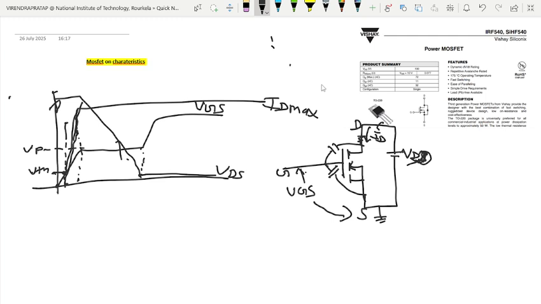When the MOSFET turns on, then we know very well that this is a short circuit. Then this is drain to source. When it's short circuit, then the voltage across the MOSFET is zero. Practically not zero voltage, because of I into RDS on resistance and some drop.